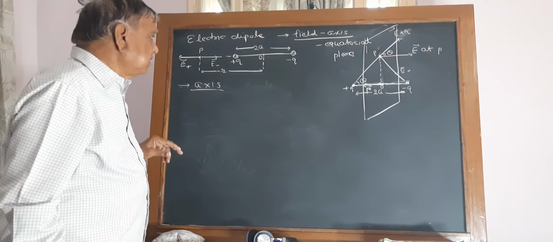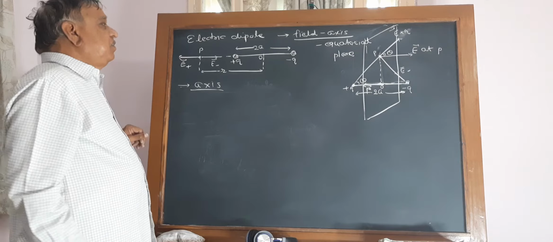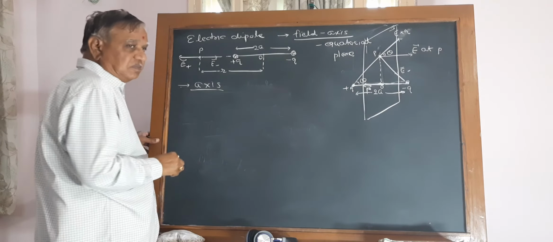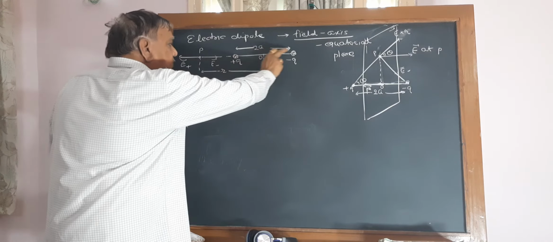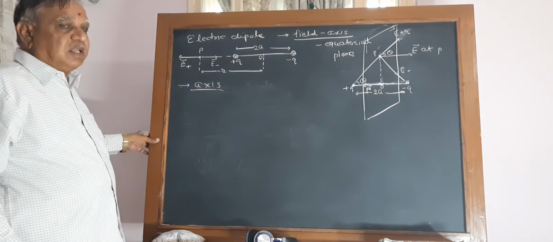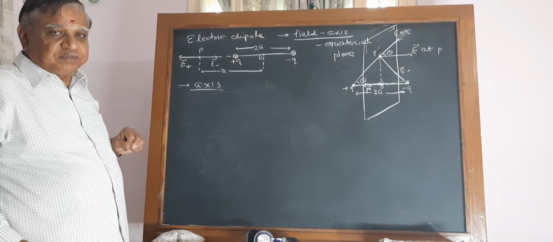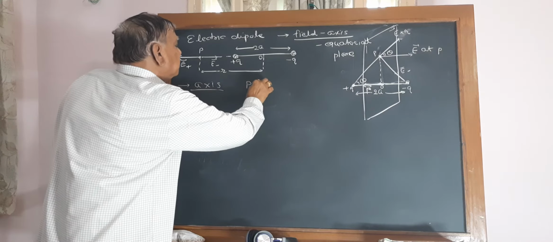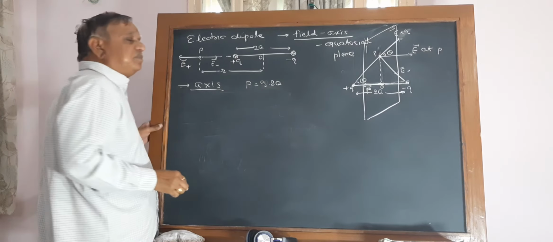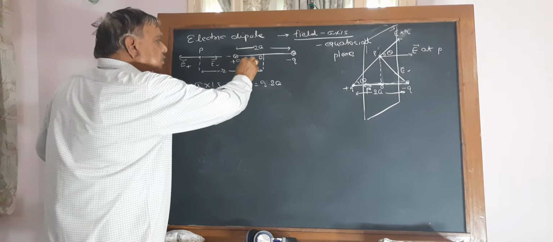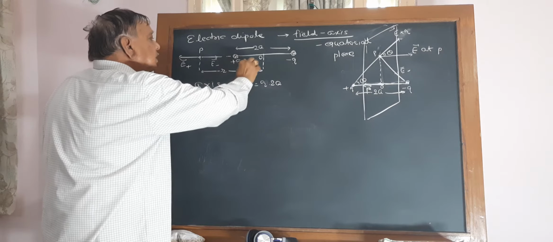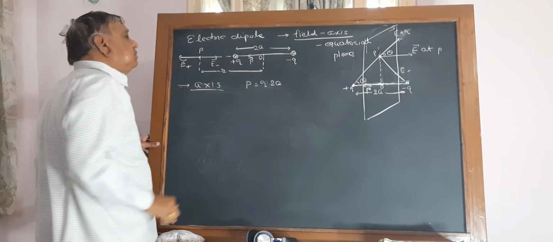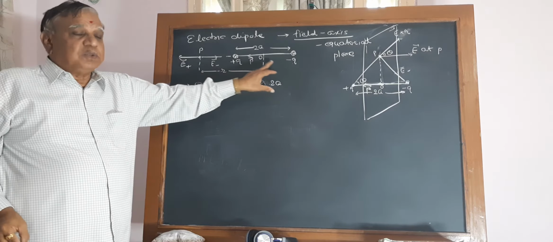See, as shown in the figure, we have taken charges plus q and minus q separated by 2a. Then the dipole moment is P equal to q into 2a. From negative to positive is the direction of P, from minus q to plus q.